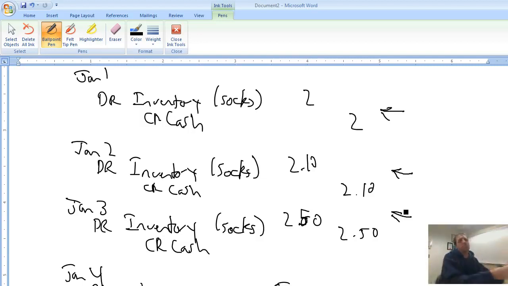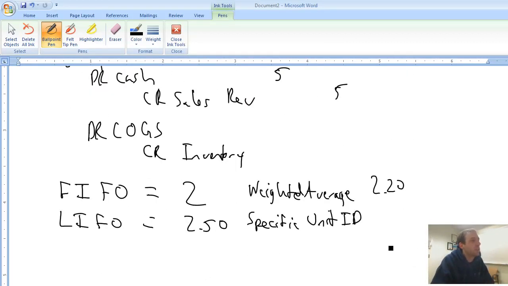I'm not going to say, oh, what's the average of the Mercedes I sold this month? No. You're going to look at each Mercedes-Benz separately. You're going to charge cost of goods sold for each one based on some vehicle identification number. You're going to track each one separately. In those cases, use specific unit ID. For companies that sell socks, though, they're much more likely to use FIFO, LIFO, or weighted average.